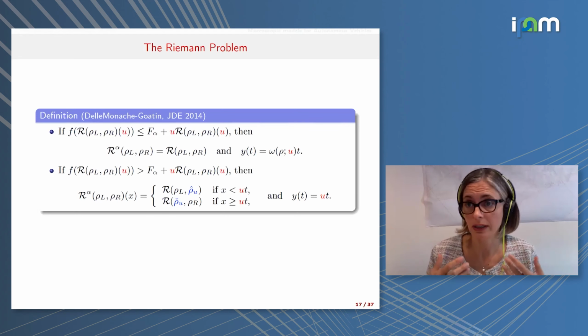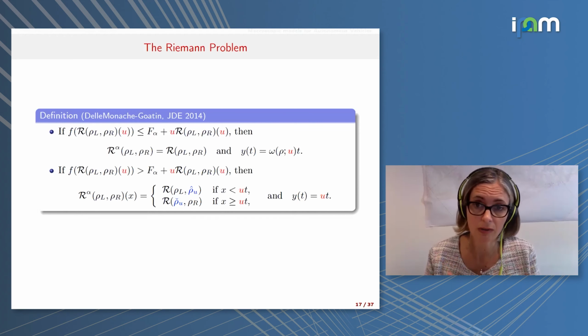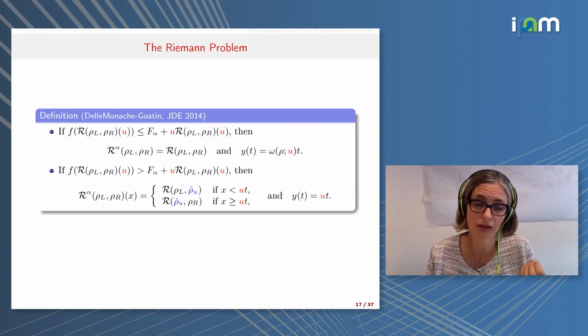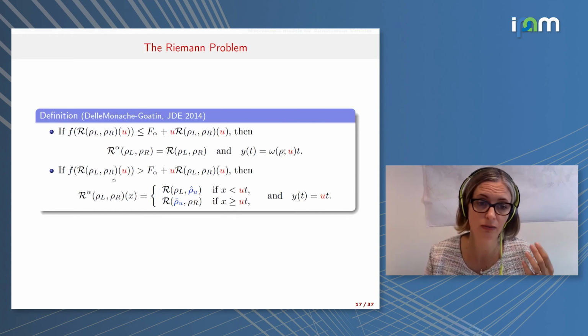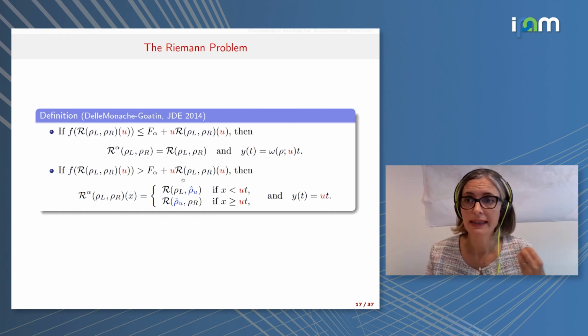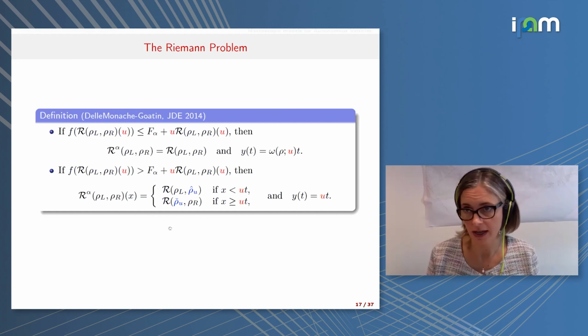Otherwise, if indeed the autonomous vehicle has an impact, because the classical solution, the solution that would be true if the vehicle was not there, has a higher flow than what is allowed, then you have to modify your solution.